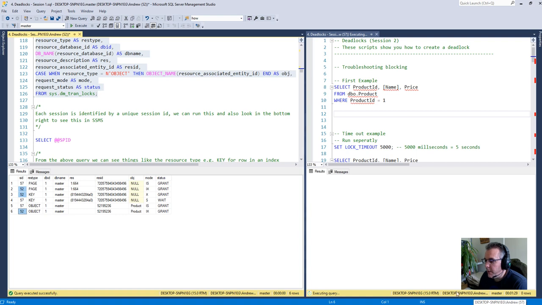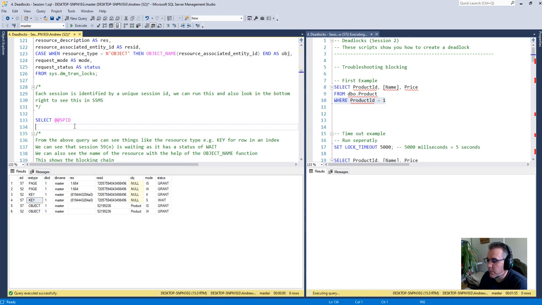So the one on the left is running with 52, the one on the right is 57. But what we see is 57 is waiting here, and that's this statement that's running. So its status is wait. Its resource type is a key, so it's looking up this product ID by the key.